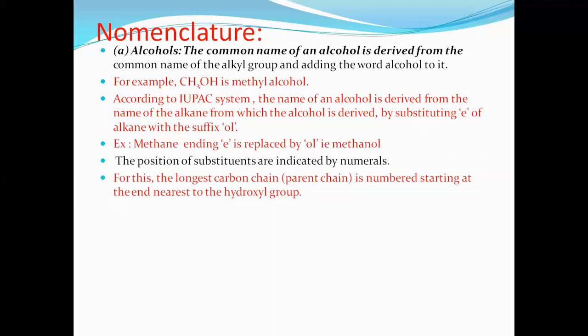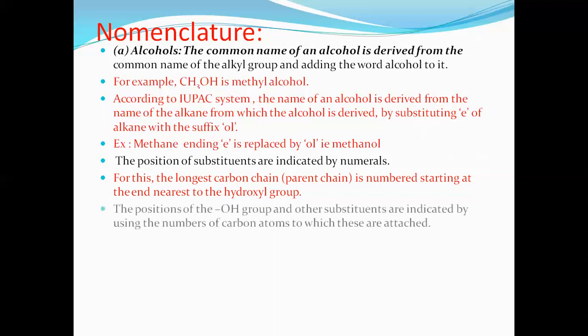We have to go for the longest chain. You can start in either direction, left, right, or any direction. Whatever the direction, you have to choose the longest chain, and the lowest possible number must be given to the carbon atom containing the OH group.